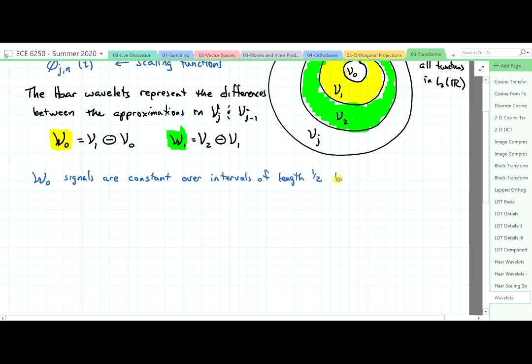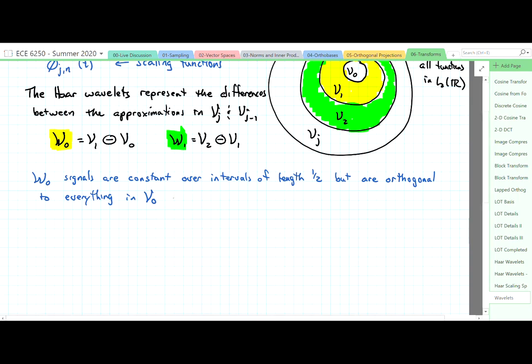But, and here's the interesting part, because they don't include V0, they are orthogonal to everything in V0. What does this essentially mean?